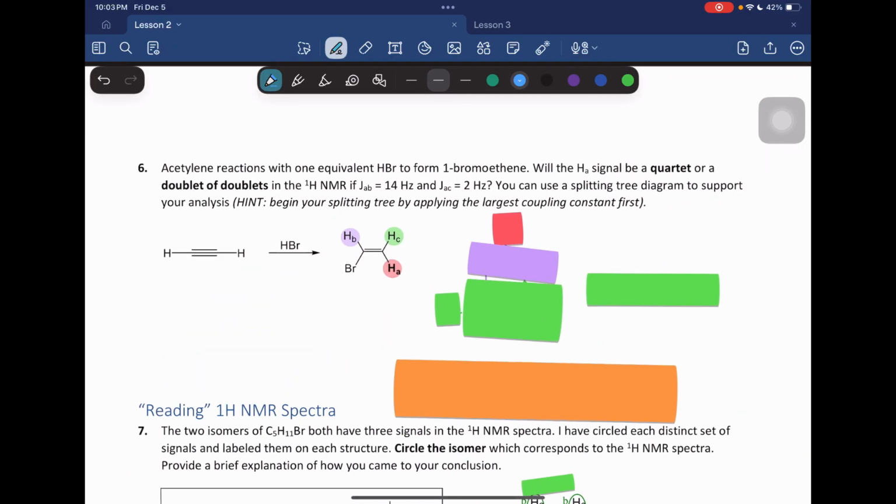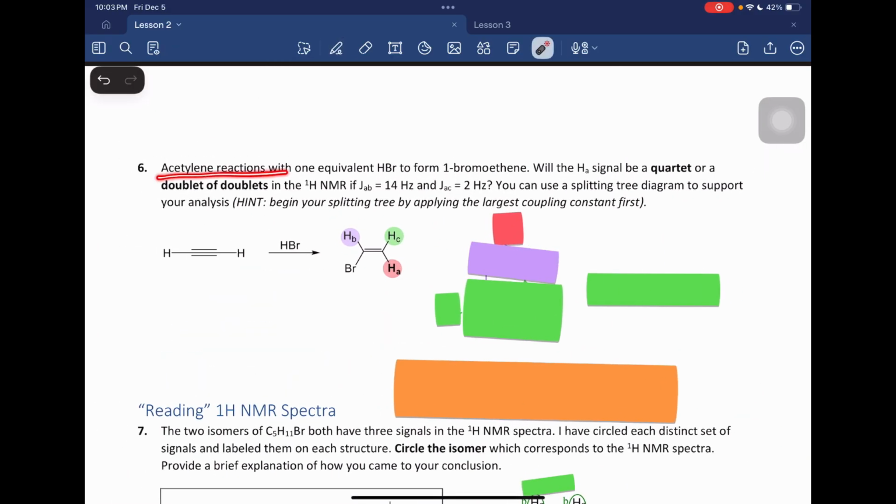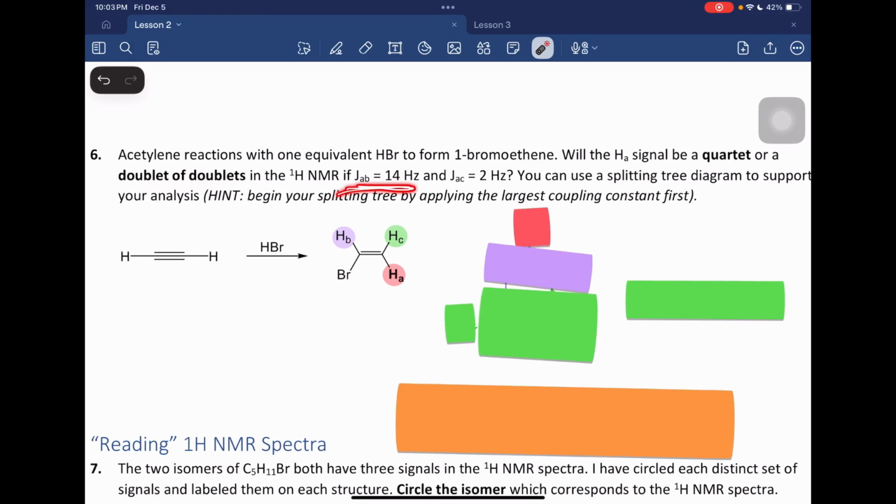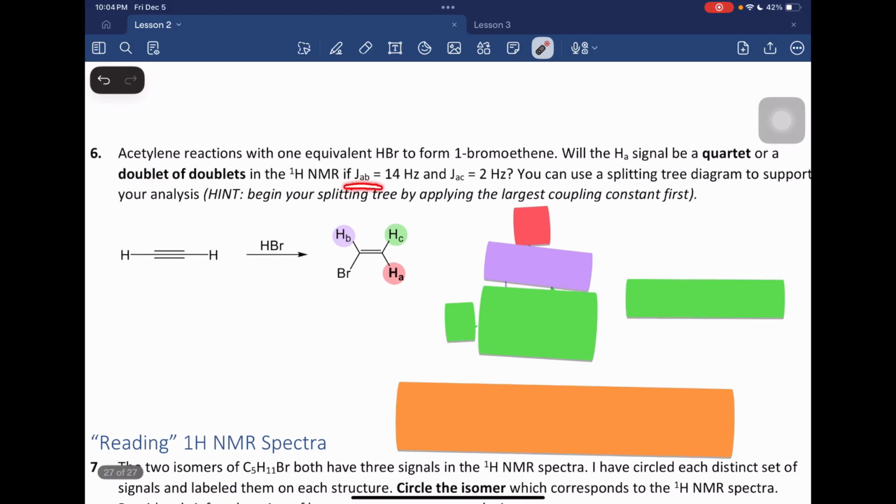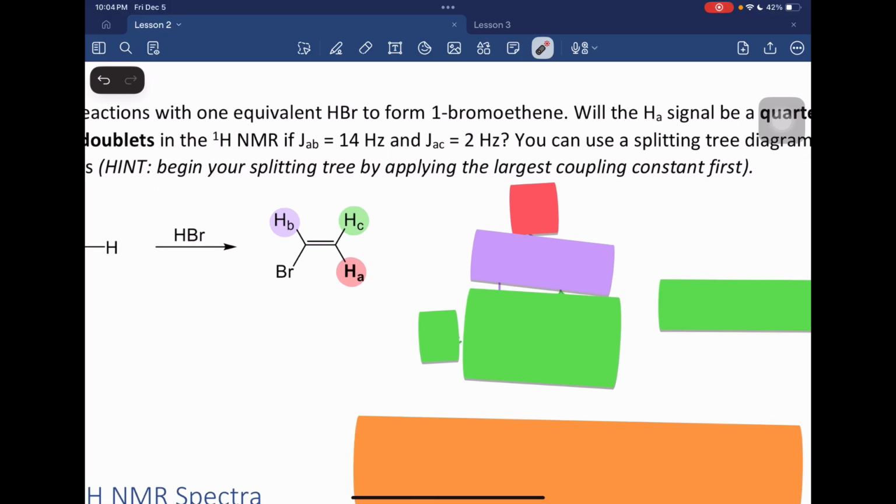So next we have this one. Acetylene reacts with 1 equivalent of HBr to form 1-bromoethene. Will the HA signal be a quartet or a doublet of doublets? So we can start off by looking at JAB, which is equal to 14, meaning our spectrum, our tree, is going to start by splitting JAB first. Our main one is HA.